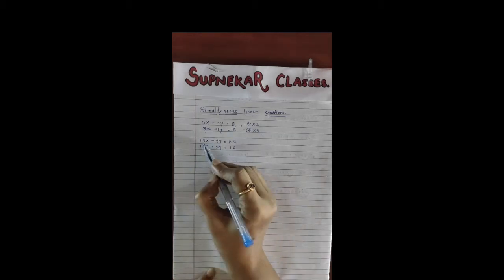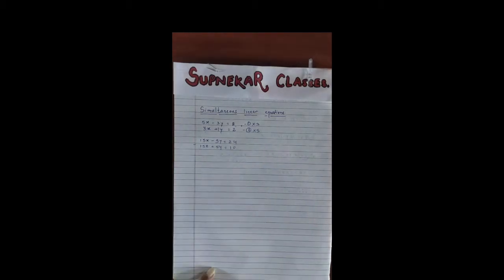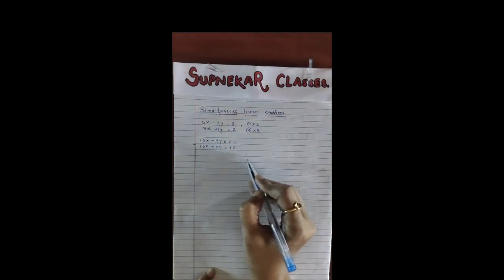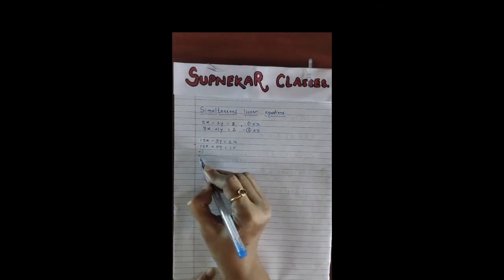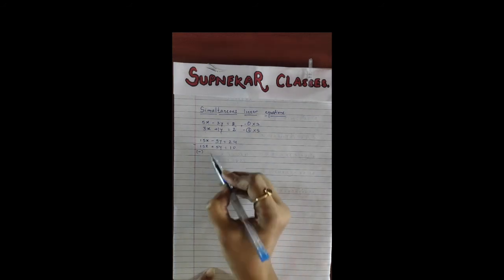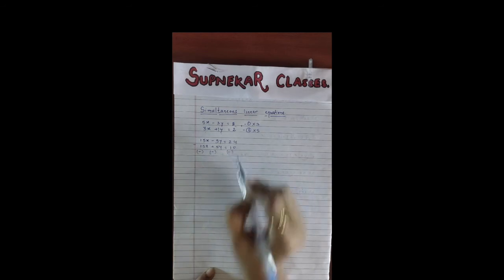So here if it is positive, then you will have to change the sign. Here you have to make minus, and you will have to change the signs of all the three terms in the second equation. Whatever, if plus sign is there, it will become minus. If minus sign is there, it will become plus. So here it will become minus, and here it will become minus.